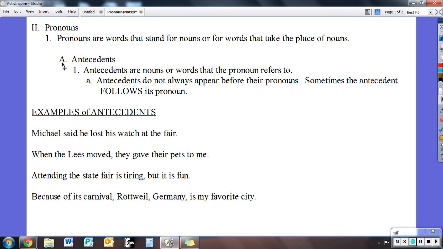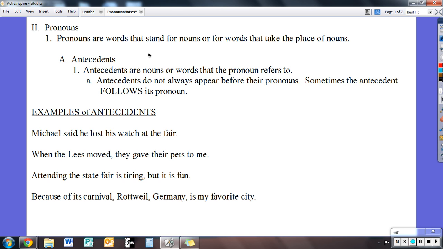Then the most important thing that we talked about today after pronouns is what are antecedents. So you need to have that in your notes. So a capital letter A, antecedents, followed by the definition, and I use my simplified definition of an antecedent. Antecedents are nouns or words that the pronoun refers to.